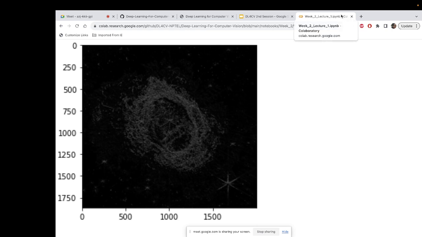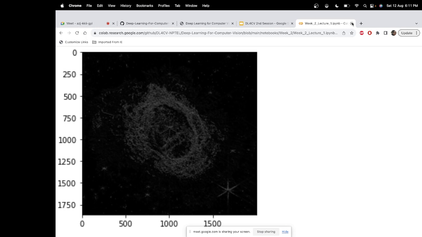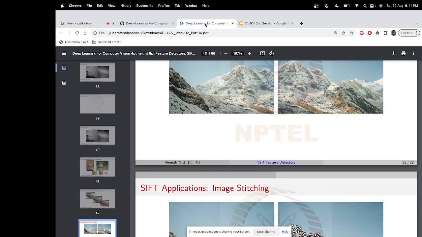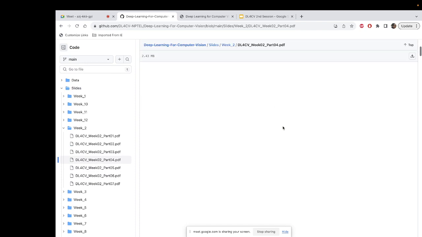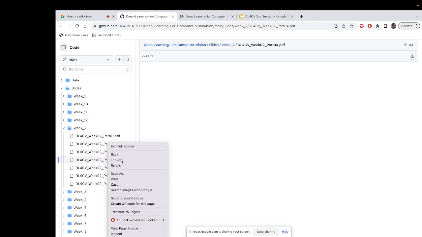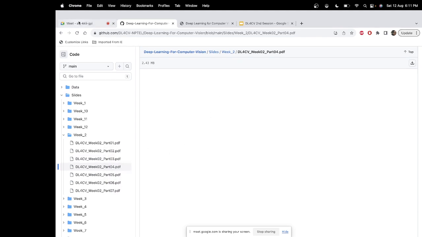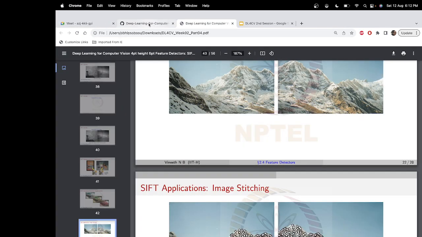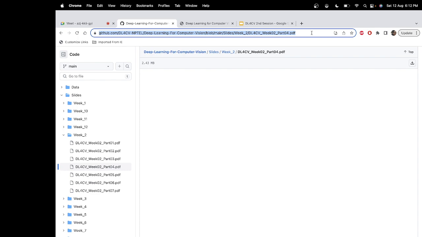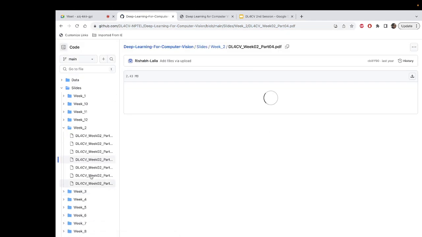So now I wanted to give you, maybe not a very detailed walkthrough, but a little bit of SIFT also. So let's switch. We'll share these slides and these codes with you as well. So let's, okay, just give me a second. Maybe there's a connectivity issue, that's why.